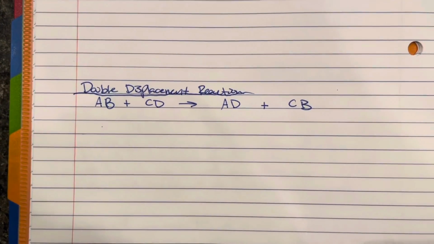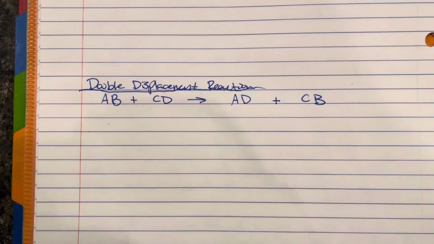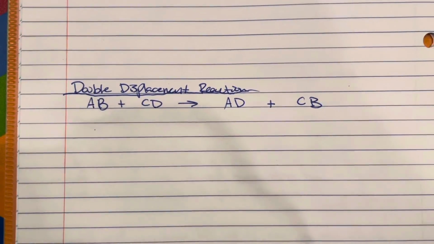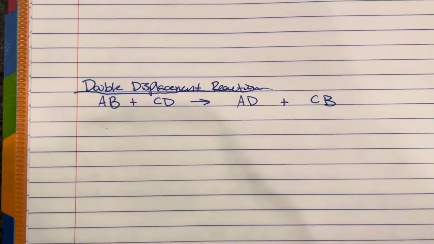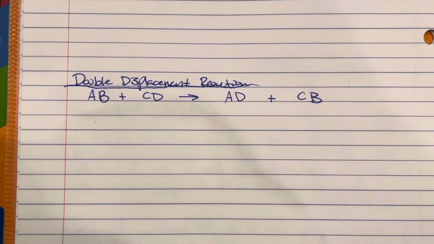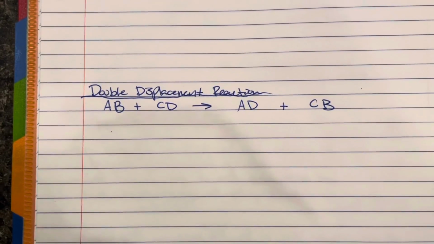Earlier, we used a chain of words called double displacement reaction. This is a chemical equation. In this chemical equation, you have compound AB as it reacts with compound CD. This yields compound AD and compound CB.